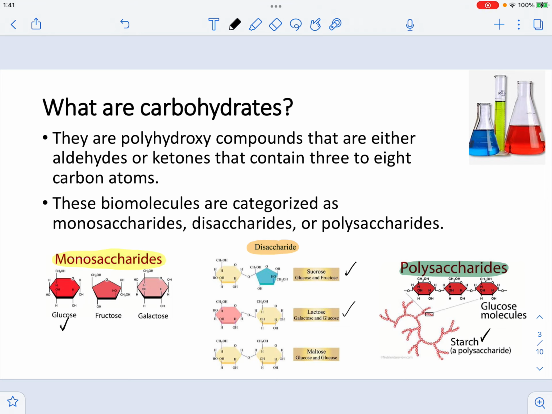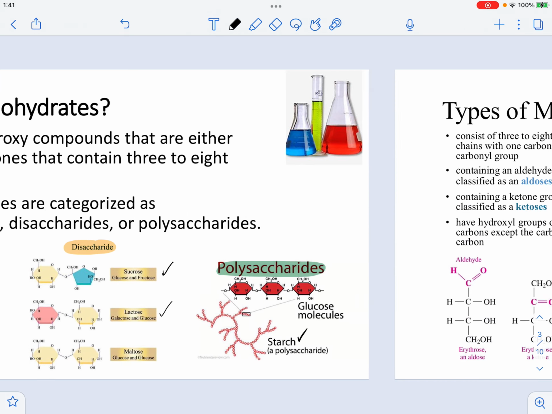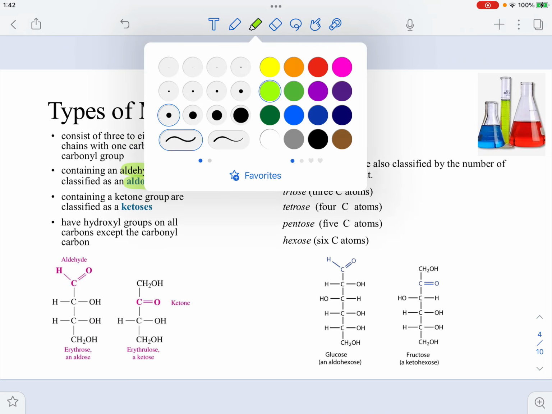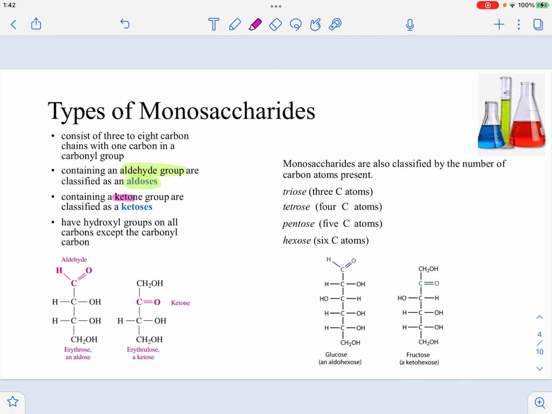Now, when it comes to the monosaccharides, as explained in the first bullet point, we are going to be categorizing them according to the carbonyl functionality, meaning aldehyde or ketone, or the number of carbons. If a monosaccharide has an aldehyde group in its structure, it's going to be known as an aldose, while if it has a ketone group, it's going to be known as a ketose.